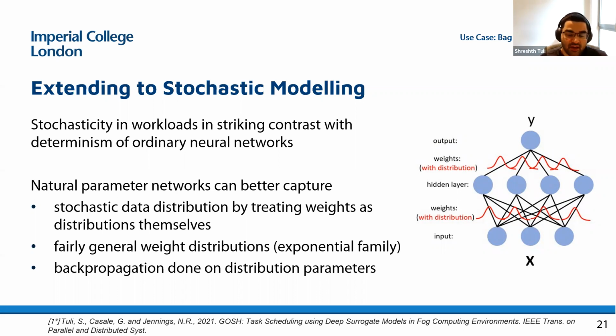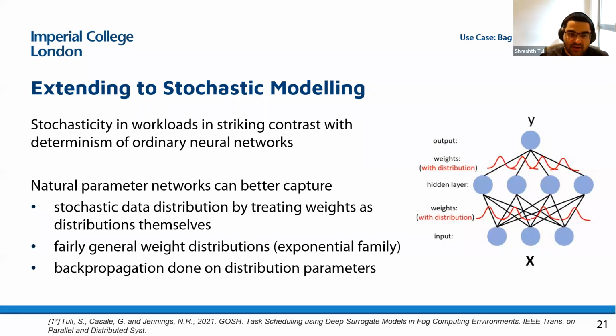We do this by leveraging something called natural parameter networks, which is NPNs, where the weights of these neural networks are distributions themselves. And this allows mimicking a fairly general range of distribution types, say an exponential class of distributions like normal distribution, Poisson distribution, and so on.